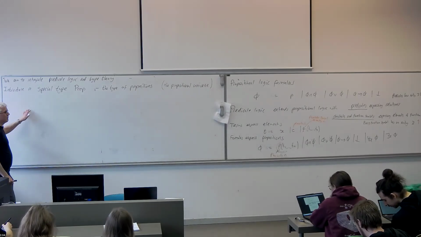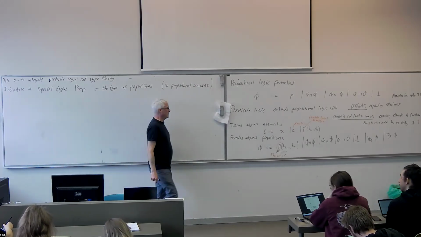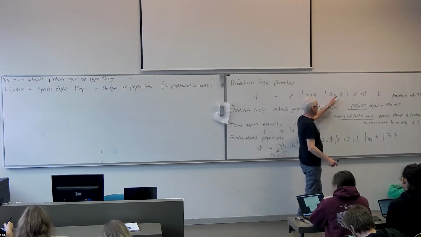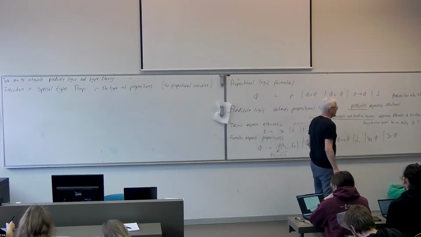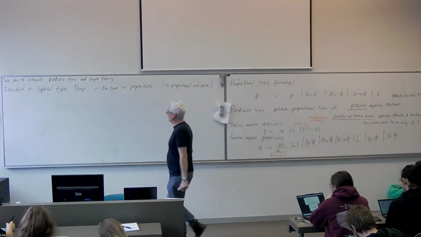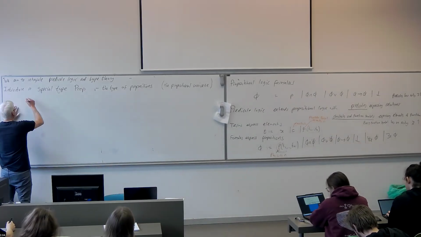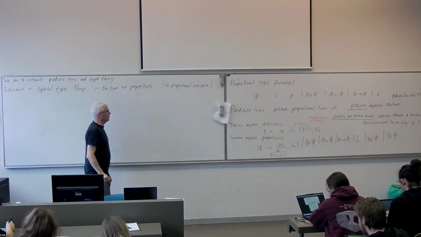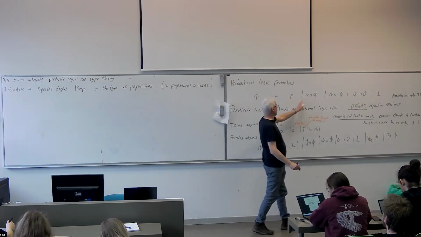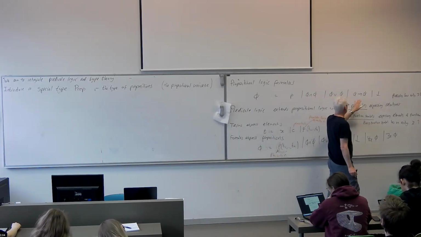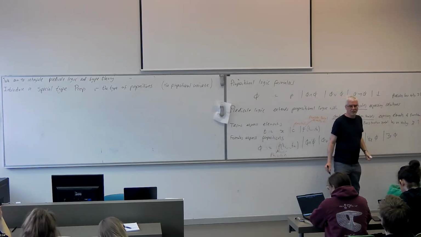And then we're going to have rules that tell us how we derive formulas. We have rules for propositions. Our rules are going to say propositions are closed under conjunction, disjunction, implication, and falsity.